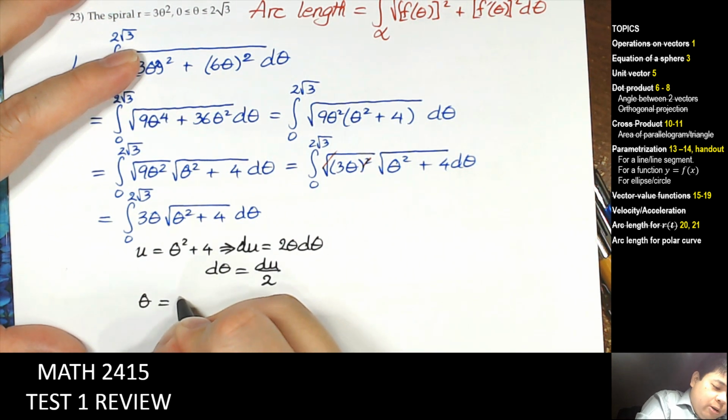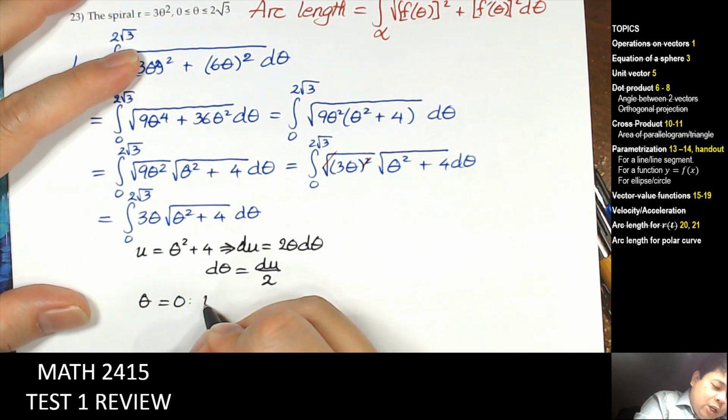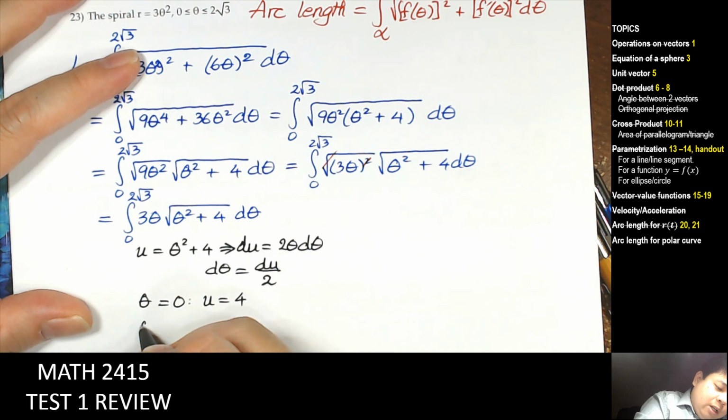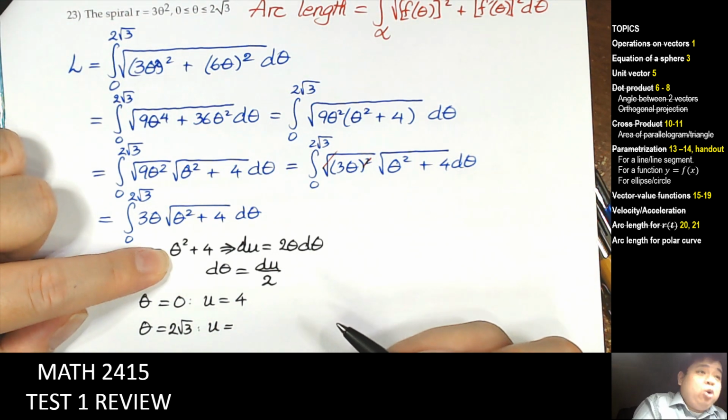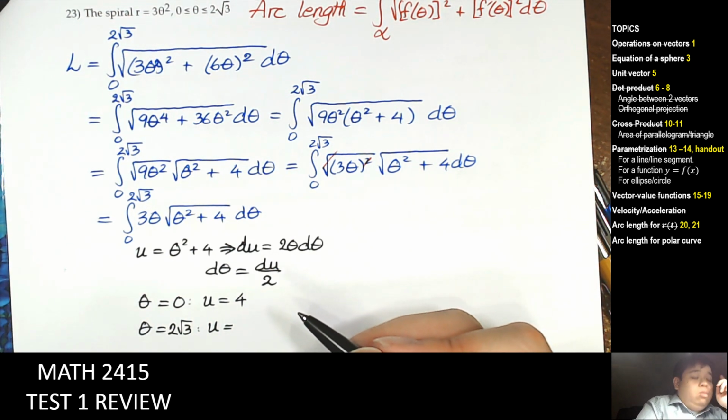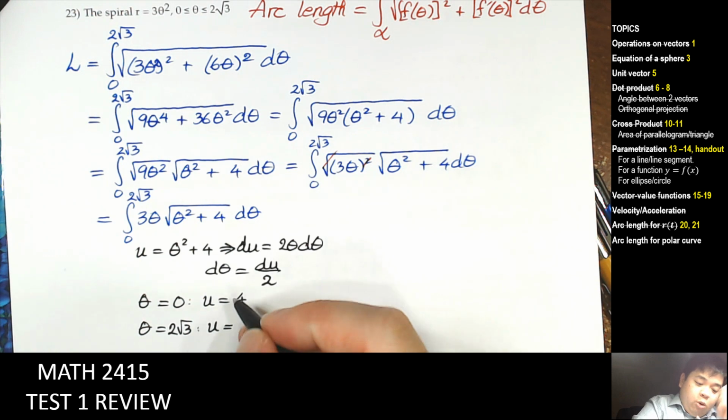Theta goes from 0, in which case u is 4. Theta is 2 square root of 3, in which case u is 12 plus 4, so 16.